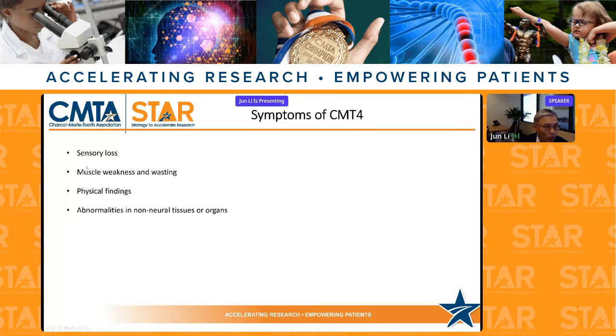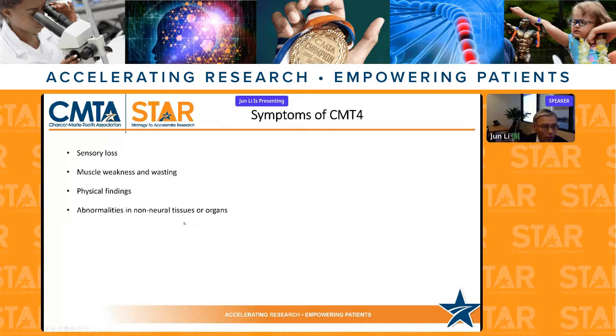The disease also often affects the muscle, so the muscle will be weak and appear wasted, and therefore the volume of muscle will be smaller than in a normal human being. On physical exam, the neurologist often finds, in addition to the sensory loss, muscle weakness and wasting, a decrease of deep tendon reflexes.